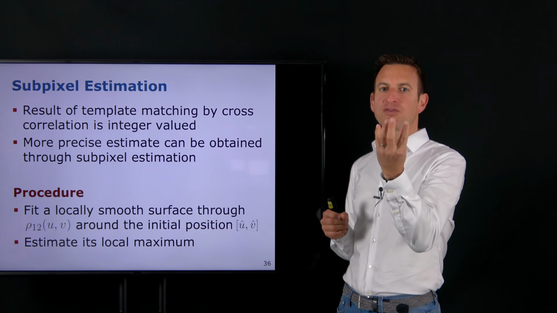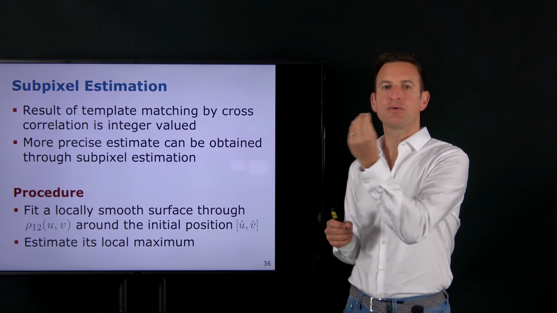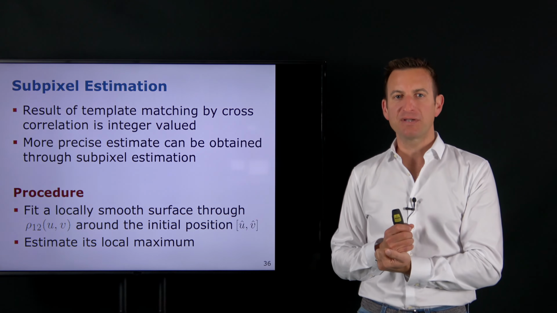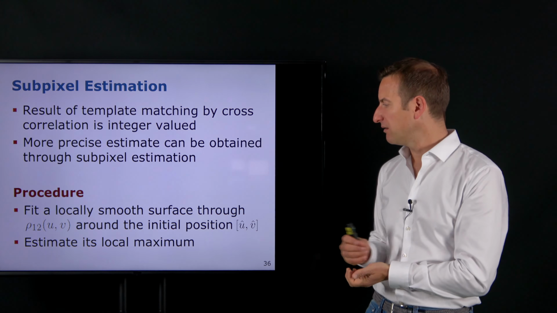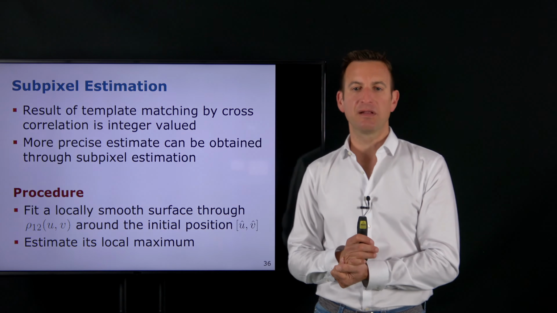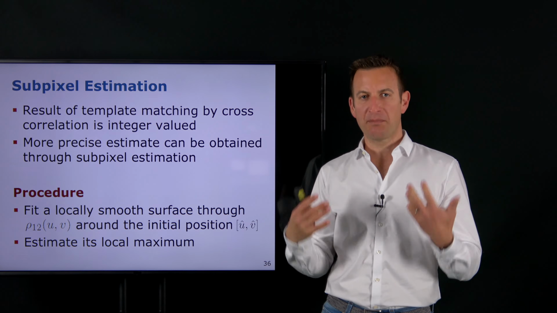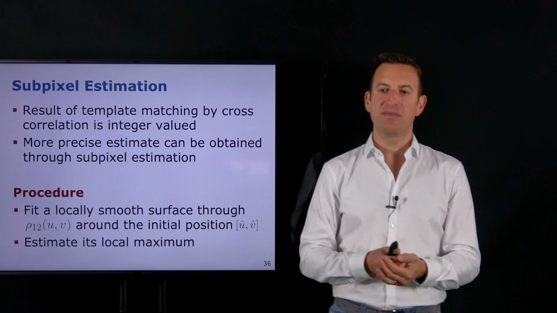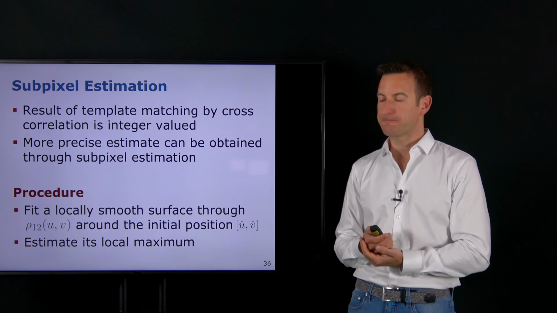Let's look in this local surrounding by taking neighboring values into account, estimating how that smooth function potentially looks like, and then estimating this kind of a local maximum. So we still use our basic cross-correlation function as a starting point for determining where we want to go deeper.